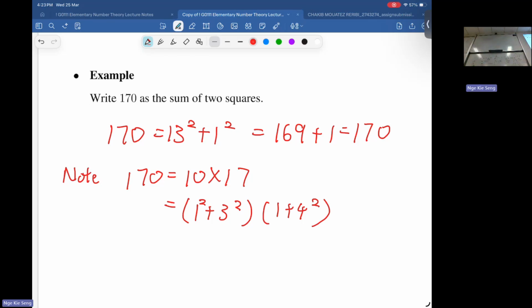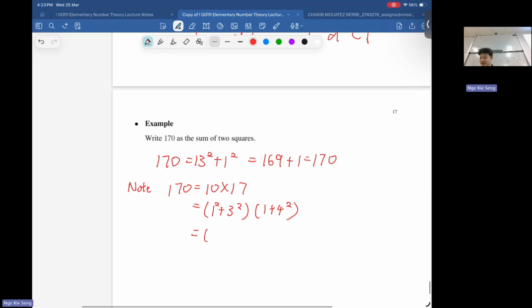If I know that these two are each a sum of two squares, the product is also a sum of two squares. So we're going to use the formula just now: AD minus BC, and the other one is AD plus BC. Make sure you swap all the possibilities.